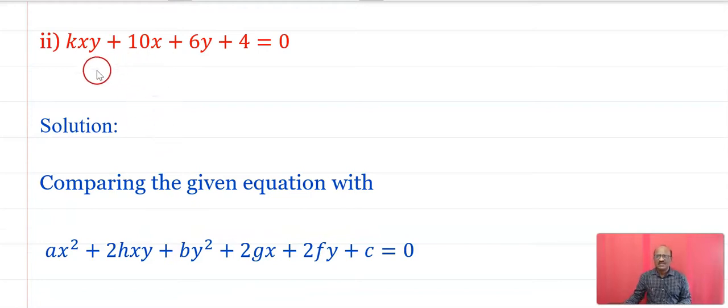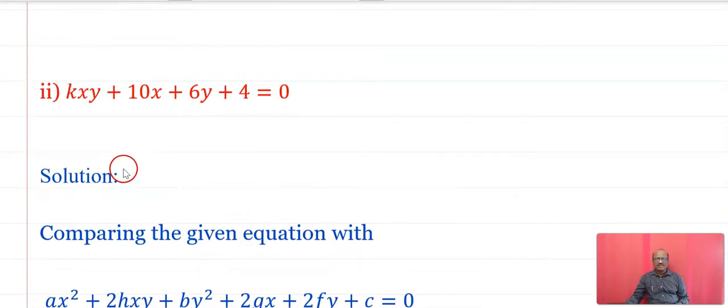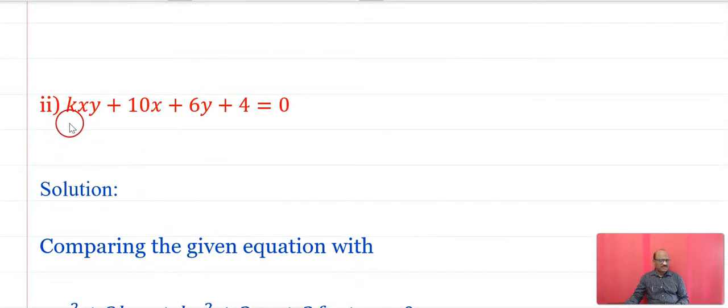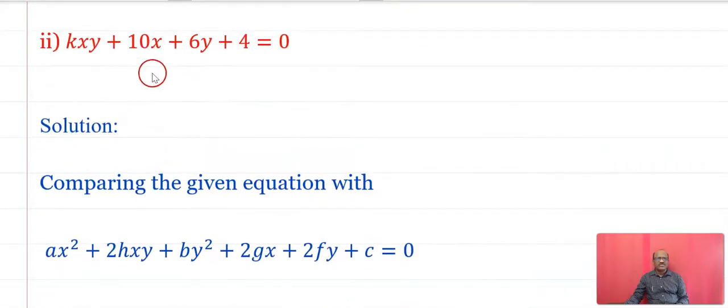Now next, kxy plus 10x plus 6y plus 4 is equals to 0. Again comparing with the given equation, ax square plus 2hxy plus by square plus 2gx plus 2fy plus c is equals to 0. Here, the ax square is not present. A is 0. What about h? 2hxy is equals to kxy. xy get cancelled. h is k by 2.